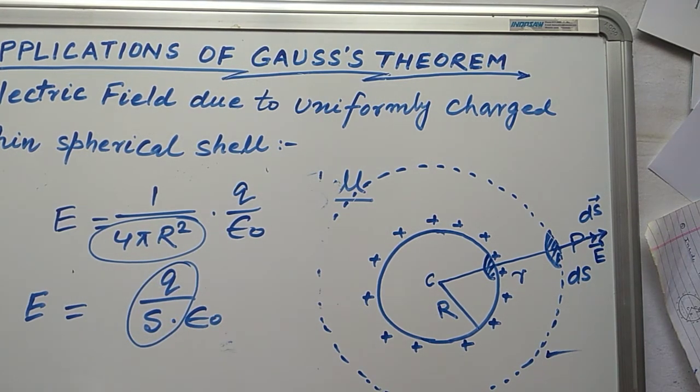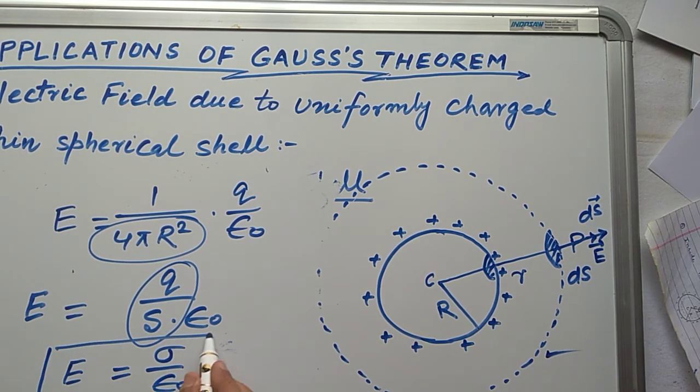So the electric field due to a uniformly charged thin spherical shell is equal to sigma by epsilon naught. This is the expression for the electric field due to a uniformly charged thin spherical shell on the surface of the shell.